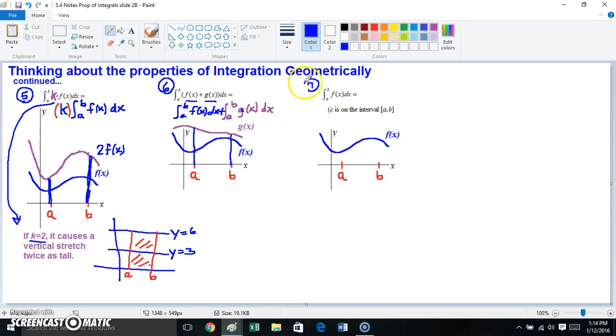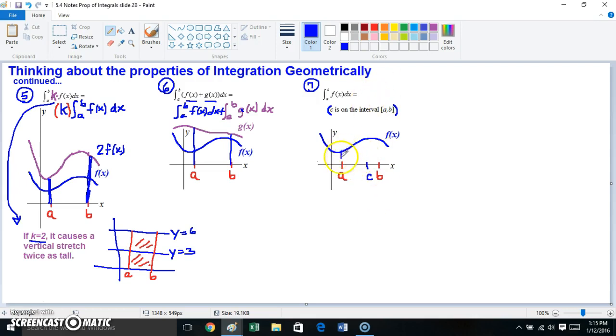Okay, example number 7. We have the integral from a to b of f of x dx. And this time, we're given some information that c is a point on the interval from a to b.